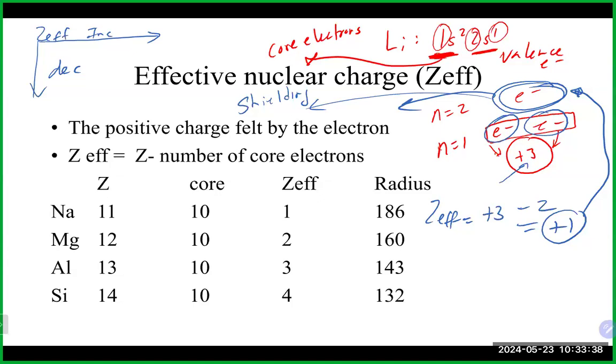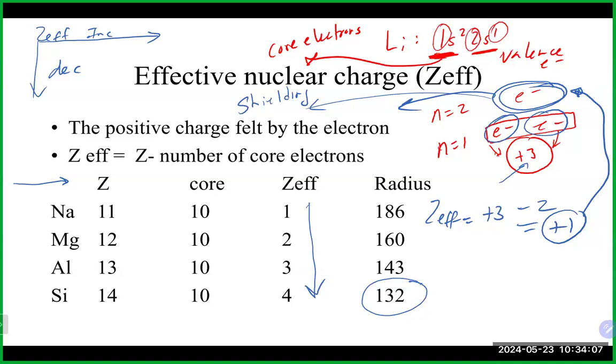So we can see that sodium, magnesium, aluminum, and silicon, this is going across period 3 on the periodic table. And we can see that the effective nuclear charge increases as we go across. Because of that larger positive charge, even those outer electrons, as you go up and to the right on the periodic table, feel a stronger attraction than those guys to the left.